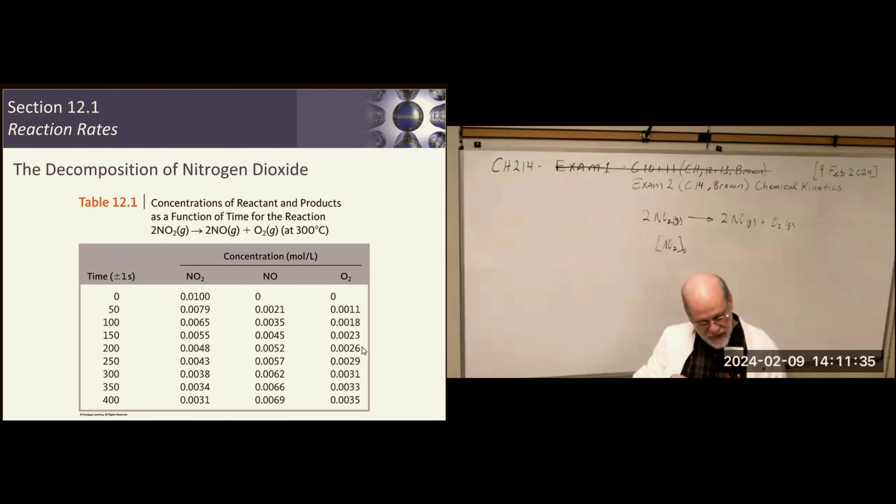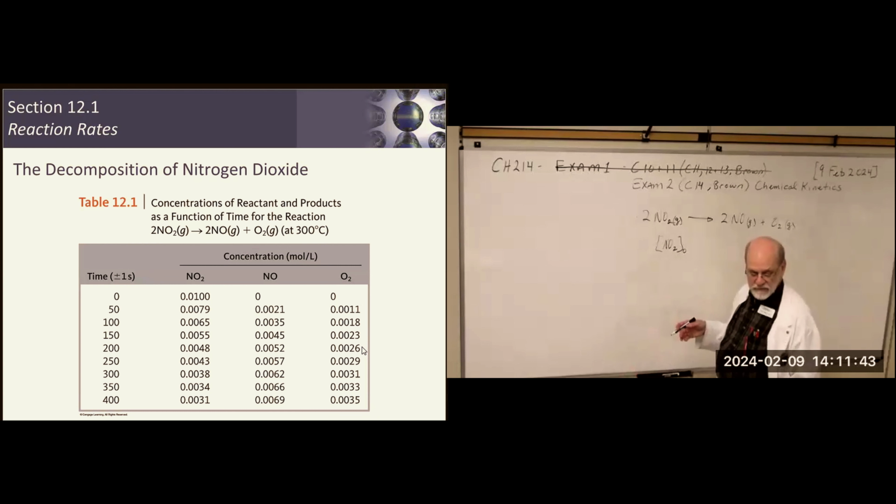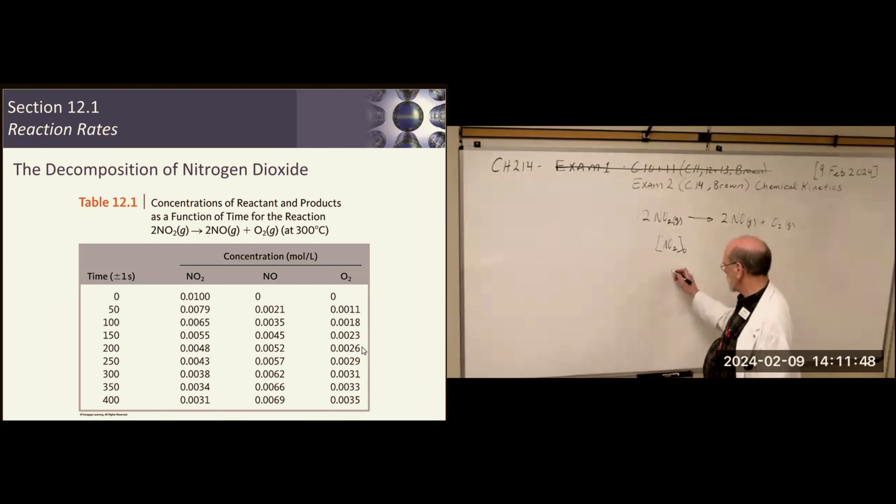Then as the reaction proceeds, in the first 50 seconds, you lose some of the NO2 and you produce some NO and O2. The first one is 0.010 molar of this compound, and then we're down to 0.0079.